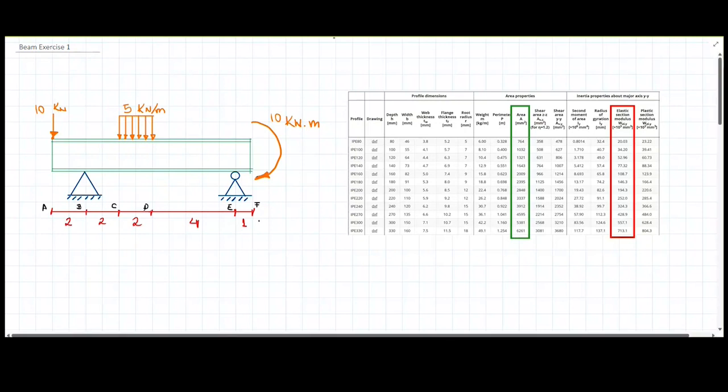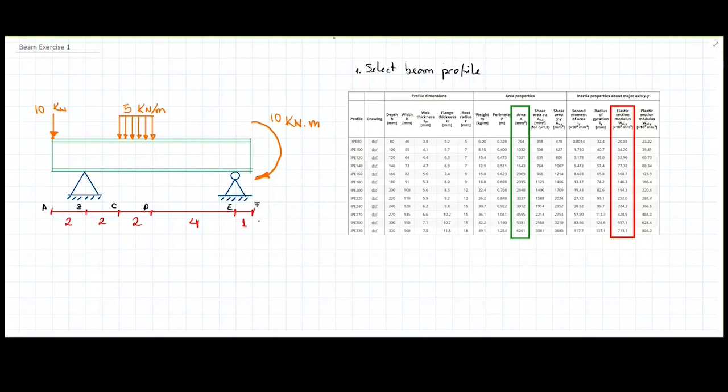Then we'll write it here. So select beam profile. That's the first thing we're going to do. And the second one would be to estimate the deformation of the beam.